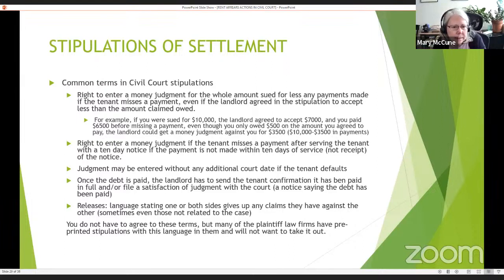The other thing that they slip in a lot is that they can enter a money judgment if you miss a payment without further notice, as long as they serve you with a 10-day notice to cure. So that's kind of a combination of the next two bullet points. What that means is if you're supposed to be paying $50 a month towards this, it says you'll pay $50 a month by the 15th of the month, every month until you pay off the amount you've agreed on.